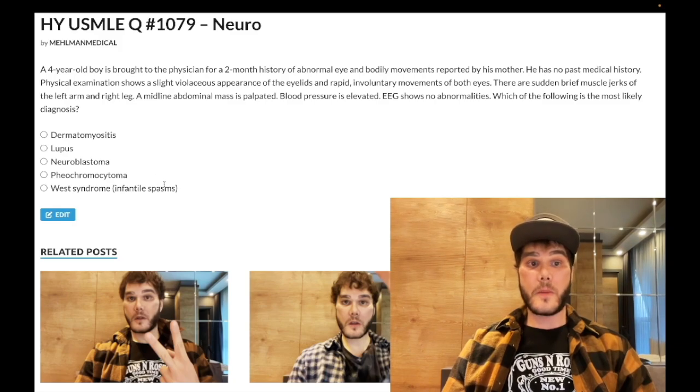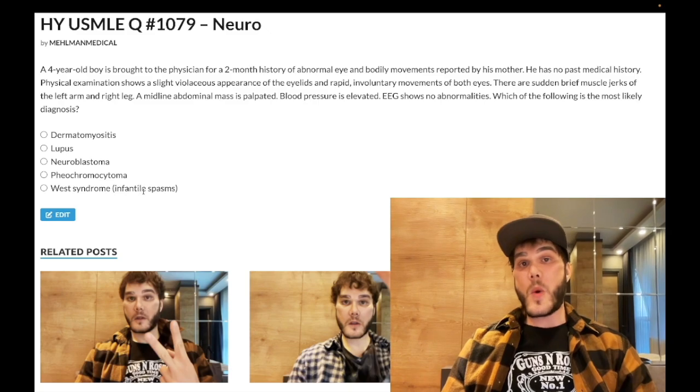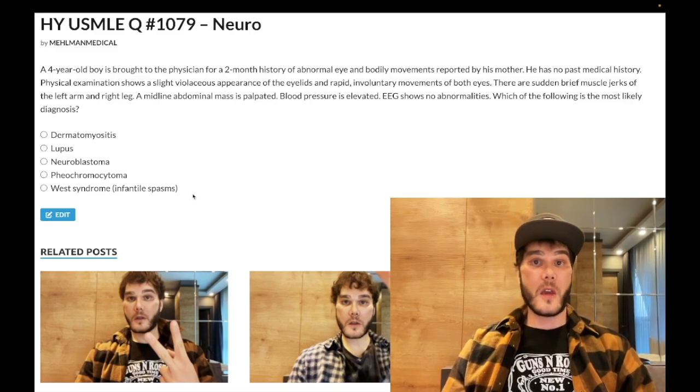Last, we see West syndrome, infantile spasms, wrong answer. When students don't know a diagnosis, they tend to choose weird sounding stuff. This does show up on 2CK and Step 3 peds. It's not Step 1 level, but West syndrome is going to be a seizure disorder. It's actually X-linked recessive that will start as young as 2 to 4-ish months of age.